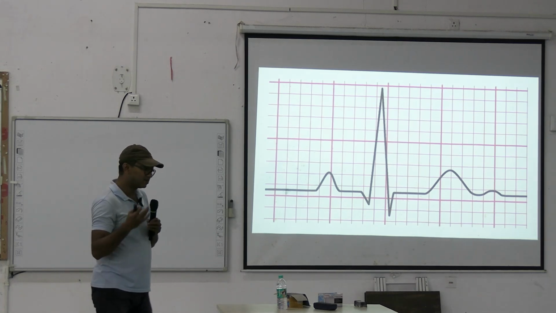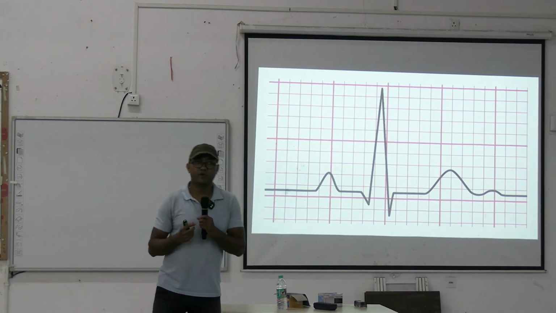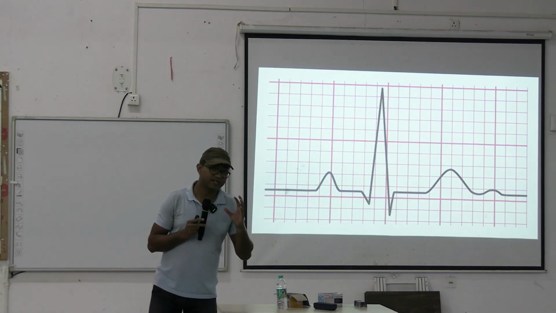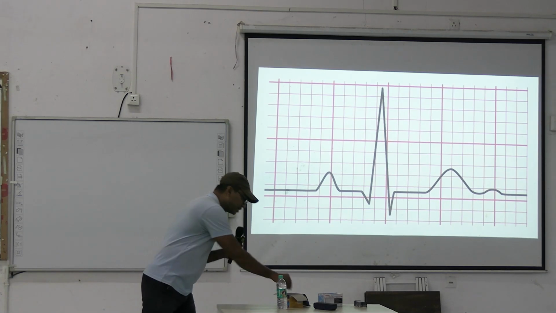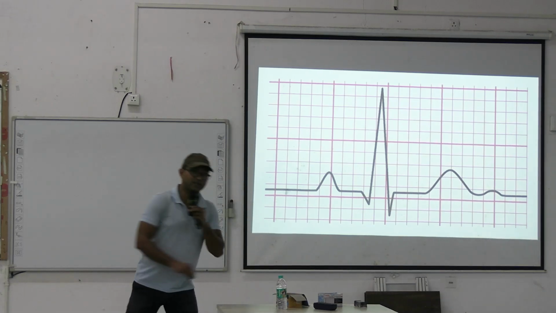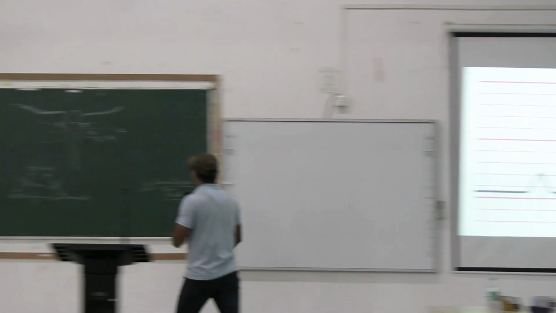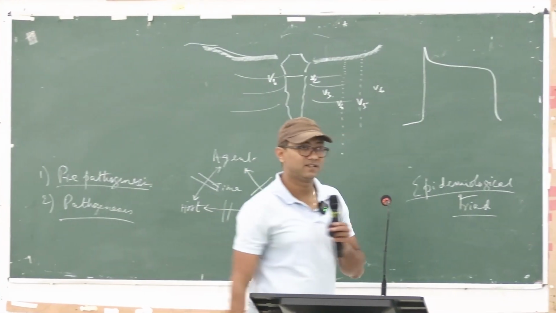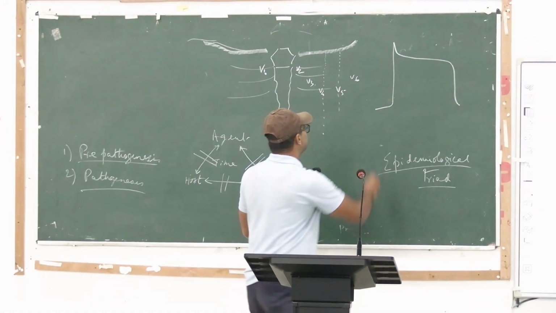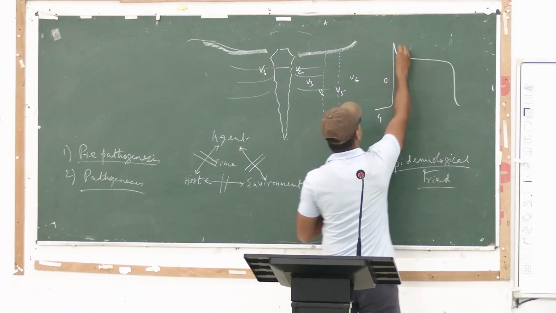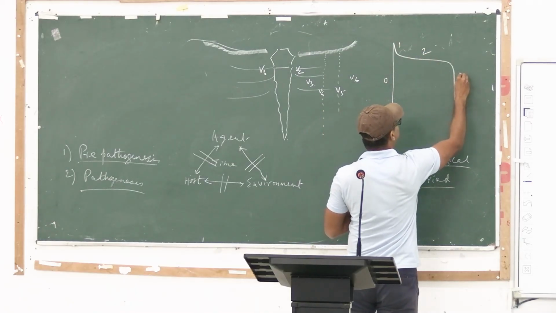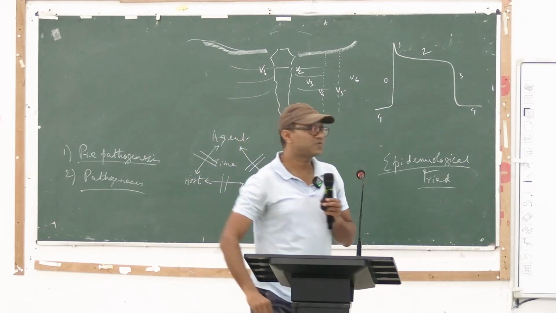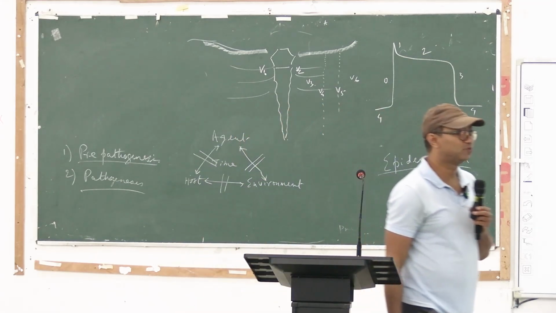Do you remember the action potential in cardiac myocytes? Do you remember the shape of action potential? Yes. The shape of action potential was this. Remember? This is phase 4, this is phase 0, phase 1, phase 2, phase 3, again phase 4, right? So what was happening during phase 2?